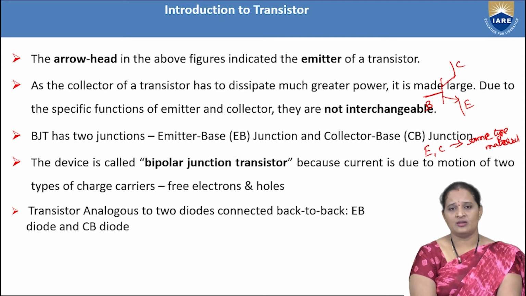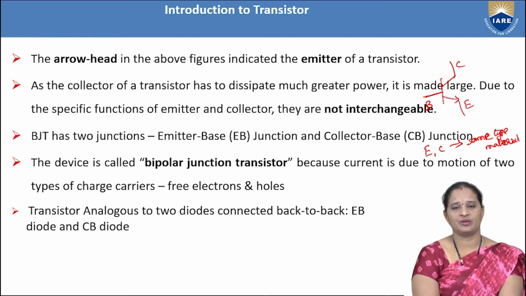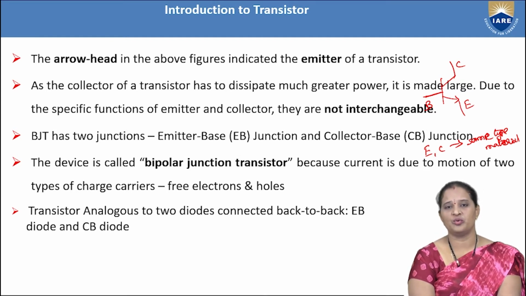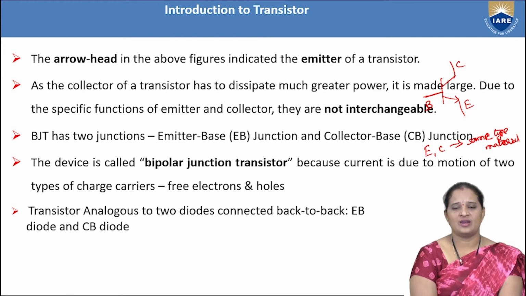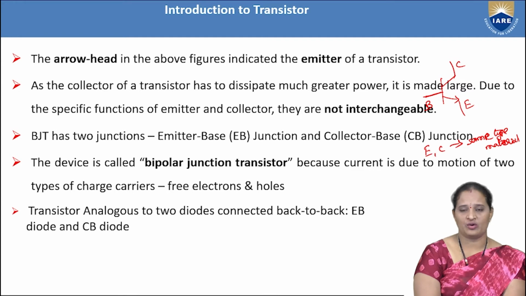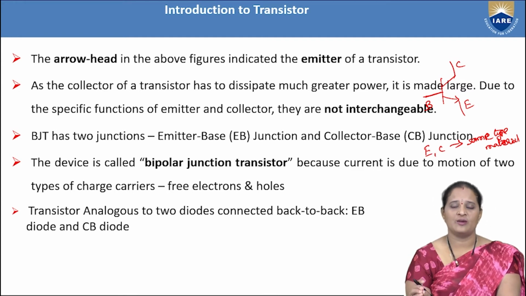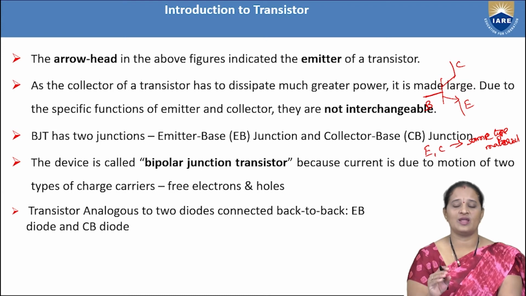Because in a transistor, the current conduction, or the flow of current, is due to both majority and minority charge carriers, that is, both free electrons and holes.